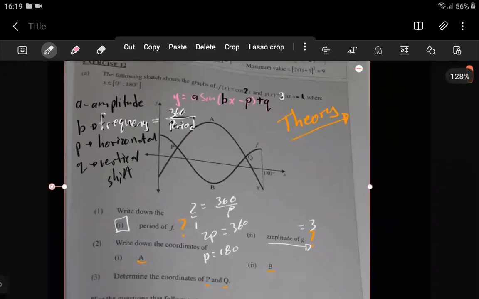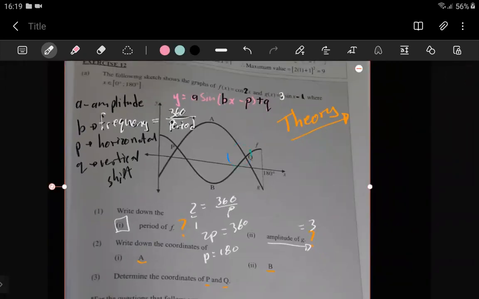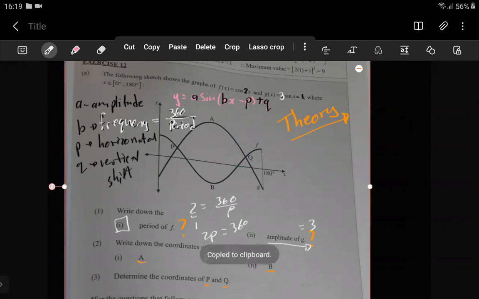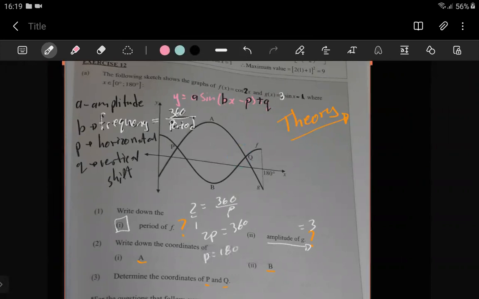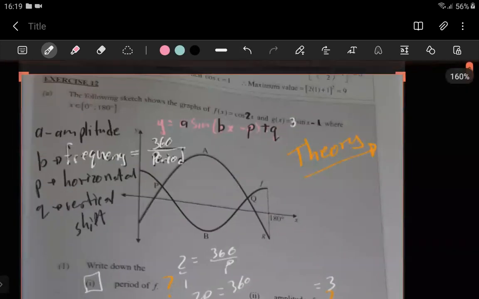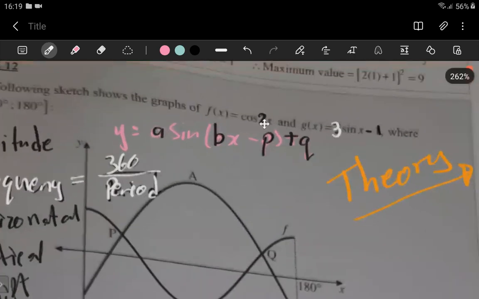Now, you get the 2 from the cos 2x, right? Yes, because the 2 is the number directly next to the variable x. So the number that will always be on the left of x is always the frequency.